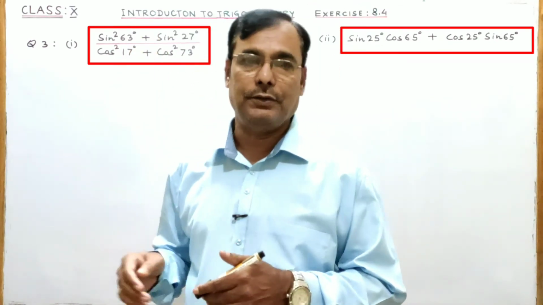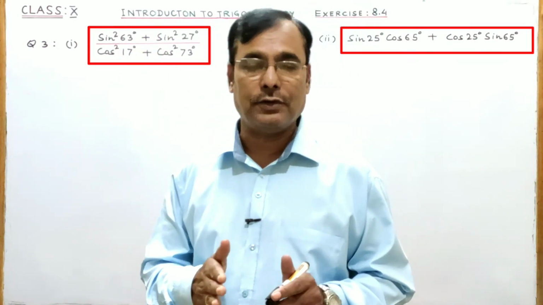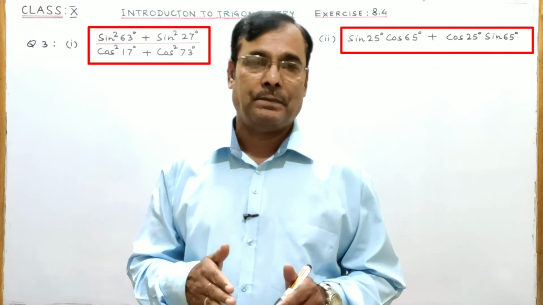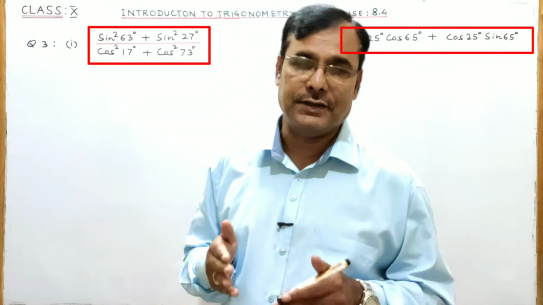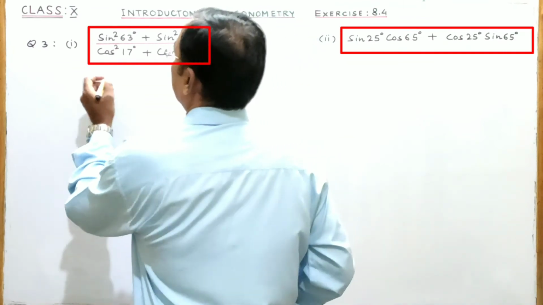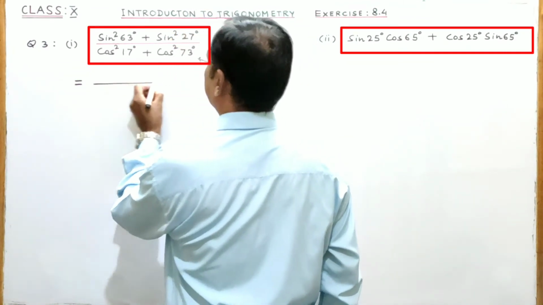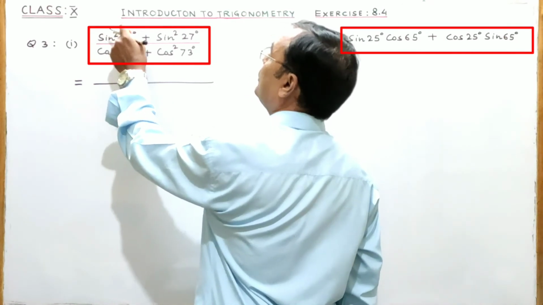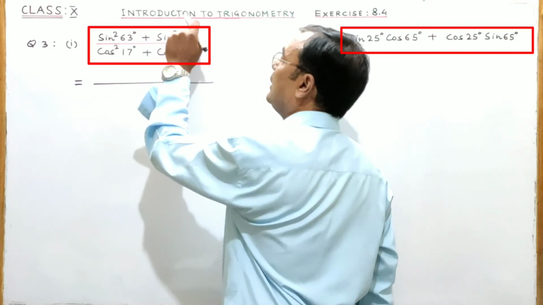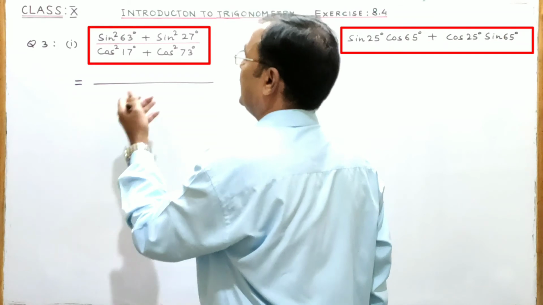So let us evaluate using this idea of complementary angles for trigonometric ratios. So let's proceed with this question and write this equal to, out of two complementary angles, one angle we will change in terms of the other angle.